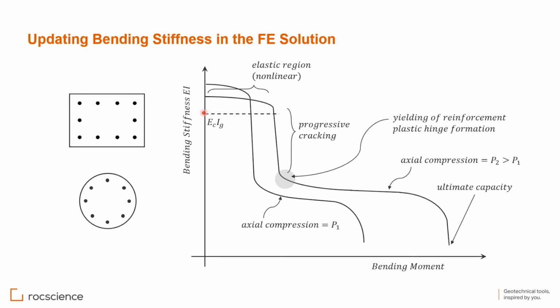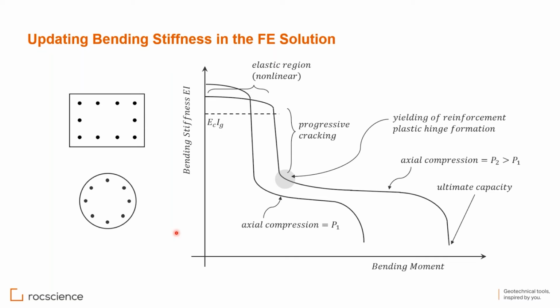So we have a gross moment of inertia for a certain rotation. After that rotation, the section starts cracking. So it starts progressive cracking, and at this point, reinforcement starts yielding. So the shape of the bending stiffness, bending moment graph will take another shape. We update this shape during the analysis.